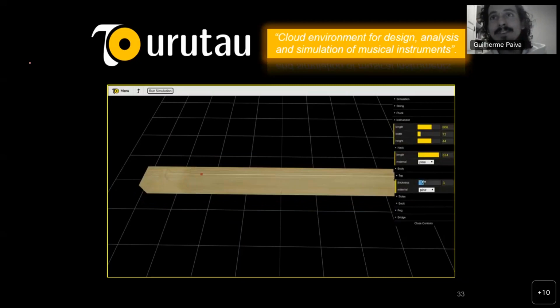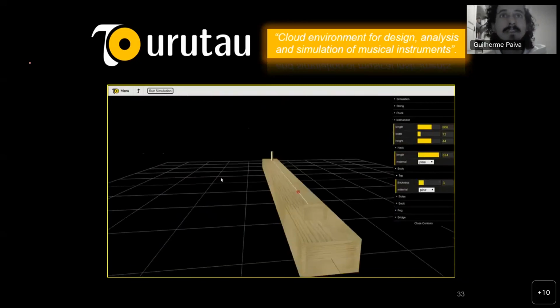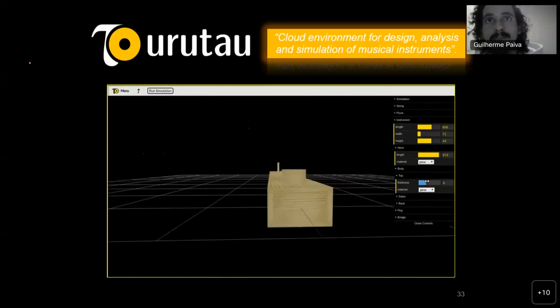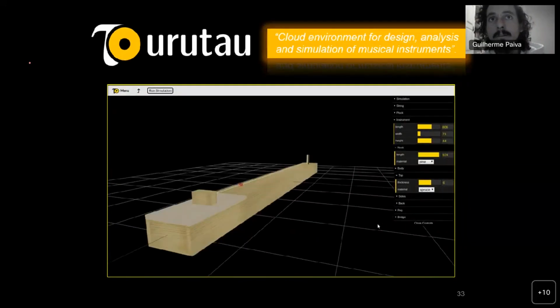And for the body, for example, the top plate, we can set the thickness of the top plate. Sides.